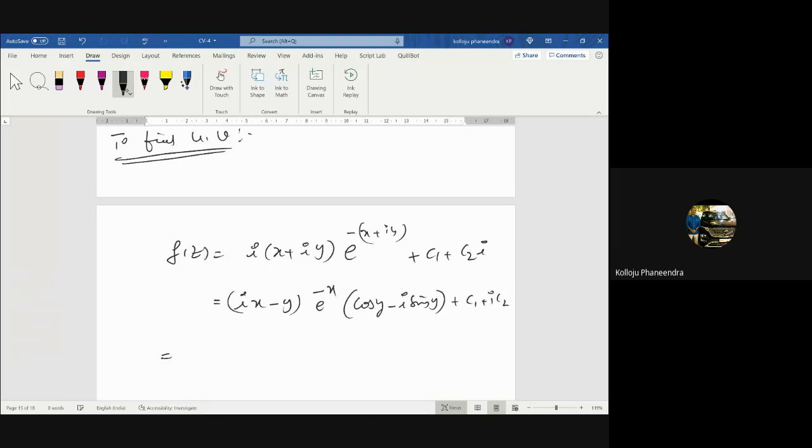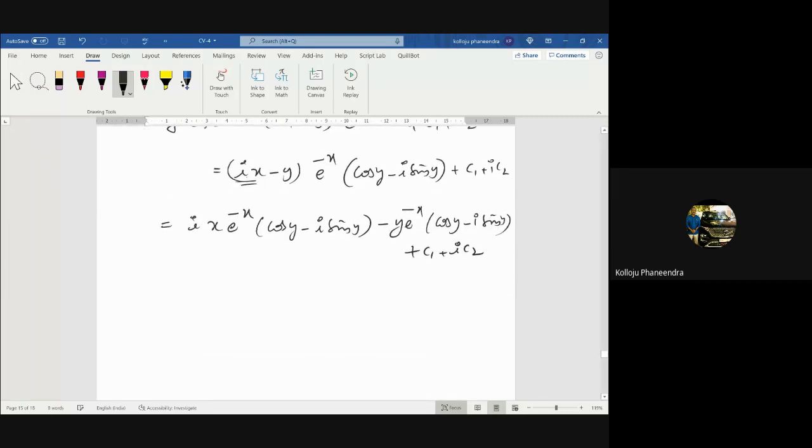Now take the multiplication first: i into x into e power minus x into cosine y minus i sin y. One part is over. Minus y into cosine y minus i sin y, plus c1 plus i c2.